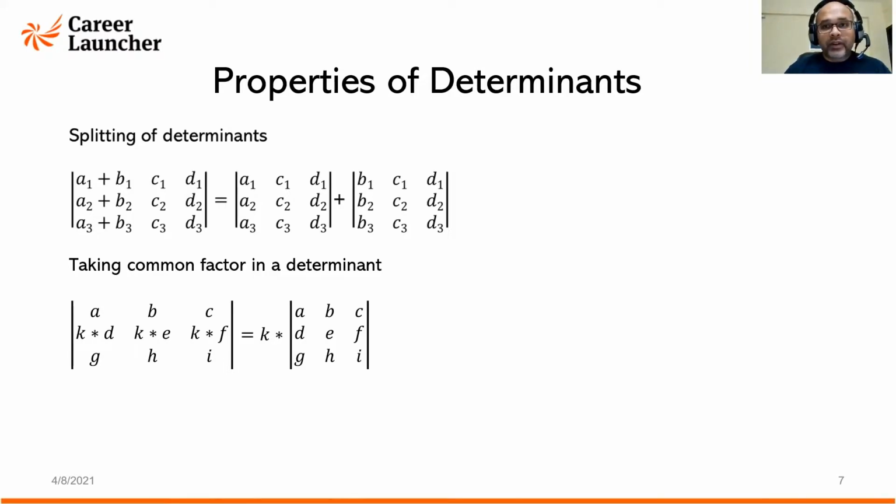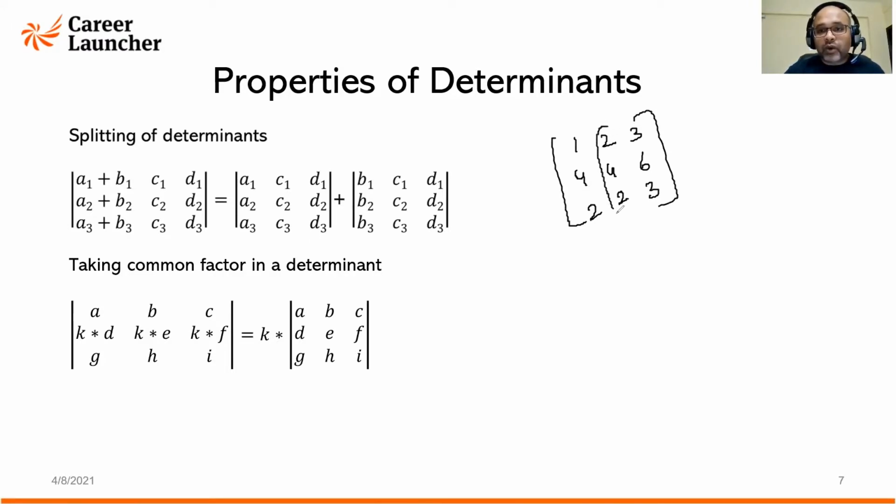In a matrix such as 1, 2, 3, 4, 4, 6, 2, 2, 3, I cannot take a common factor only from a column or a row, because if I write 2 into this, it means every element is getting multiplied by 2.